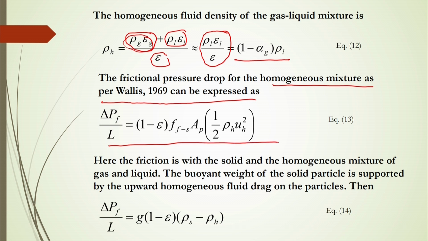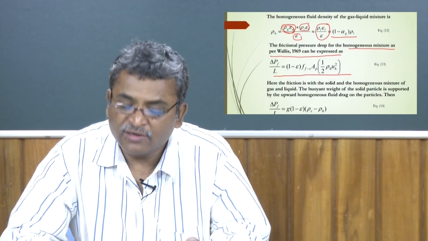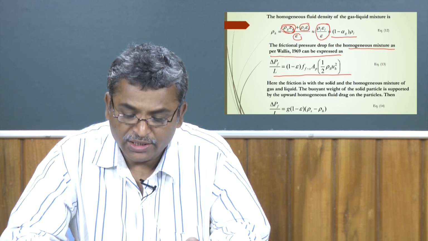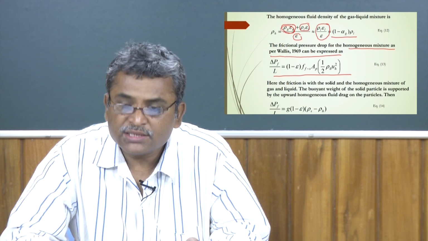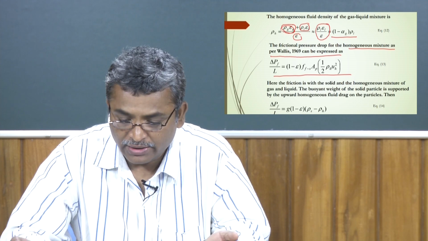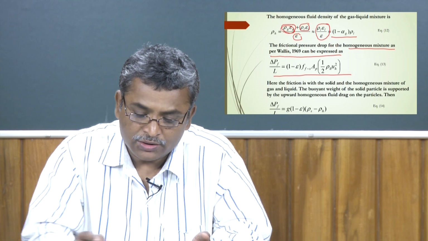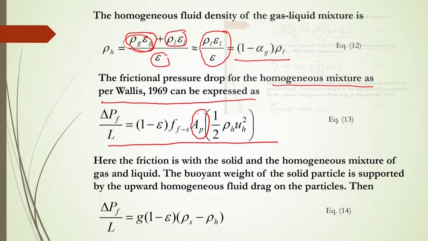In this case, the frictional pressure drop will be a function of the homogeneous mixture velocity and the density of the mixture, as well as the volume fraction of the liquid and gas, that means the total fluid inside the bed, and also the projected area of the solid particles inside the bed.